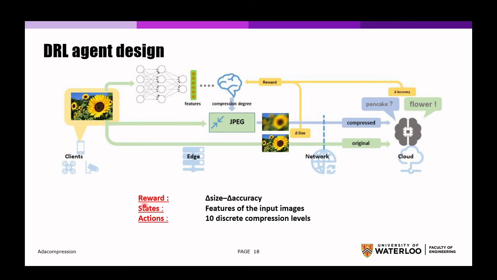The state will be the features of the input image, and here I'm getting the quality factor, which is the action of our agent, which will be only 10 discrete levels.